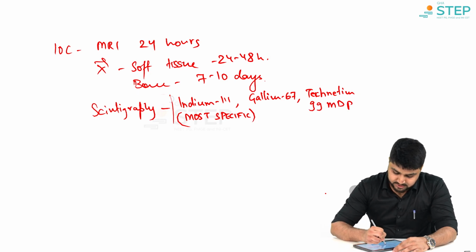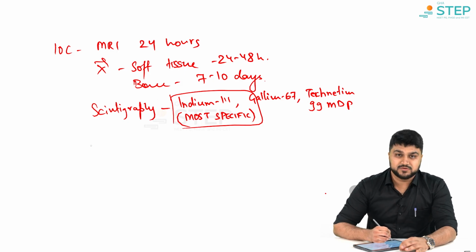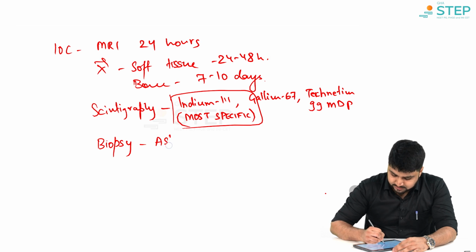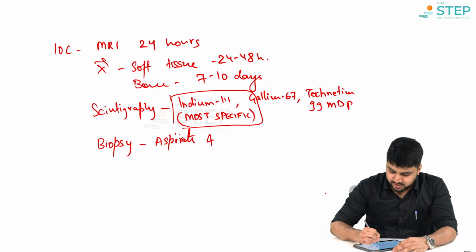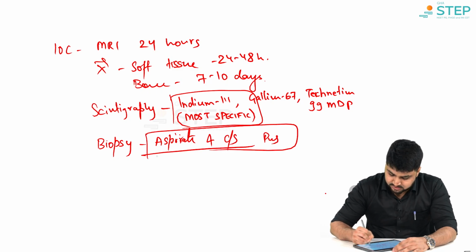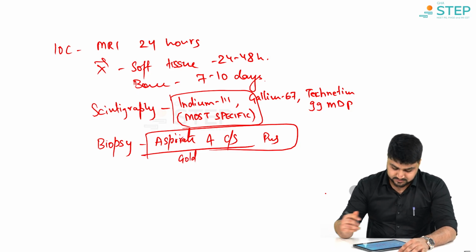However, out of these three, indium 111 is the most specific. The gold standard for diagnosis of osteomyelitis is biopsy, where you aspirate and do a culture sensitivity of the pus. This is the gold standard for osteomyelitis diagnosis.